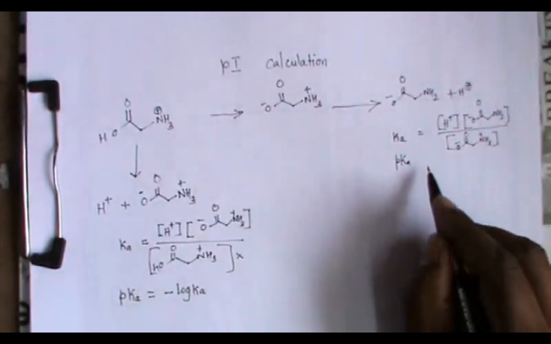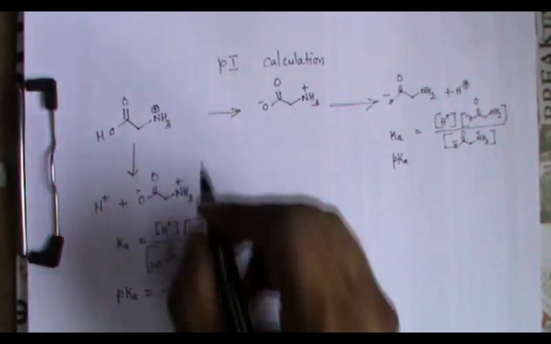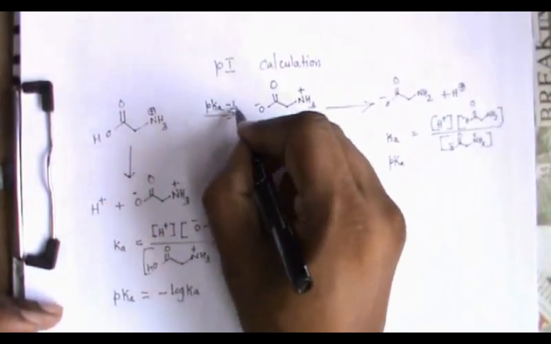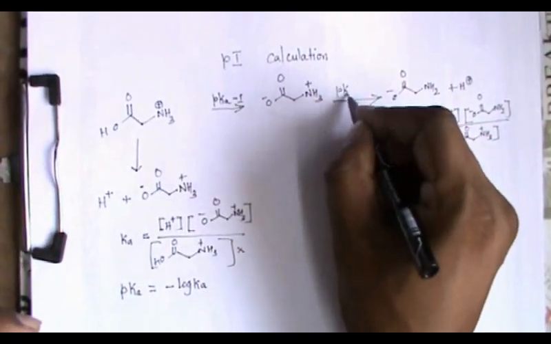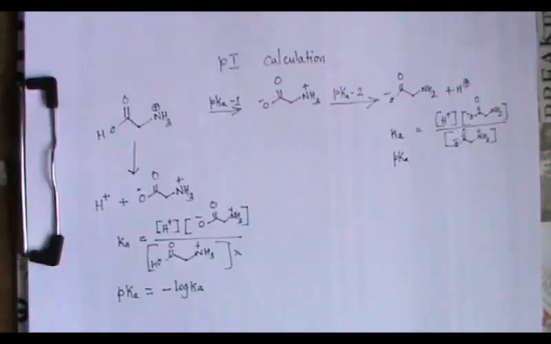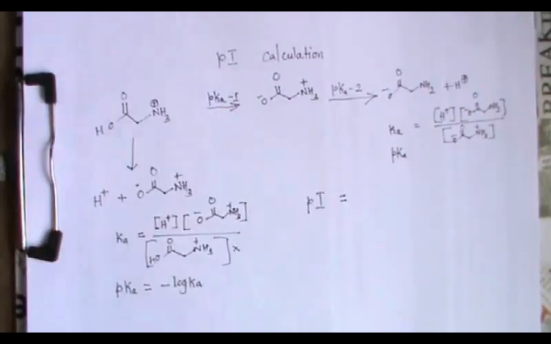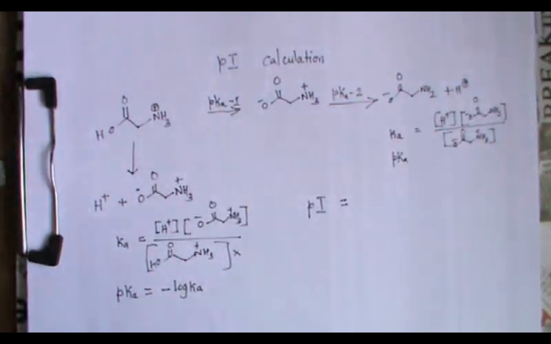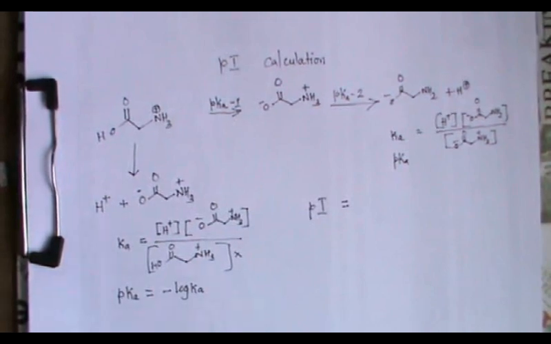Further, pKa is nothing but minus log Ka. Now we have two pKa values. I represent them like this: pKa1 and pKa2. The isoelectric point is calculated based on these pKa values. If the pKa values are given directly, then this is a very simple problem.